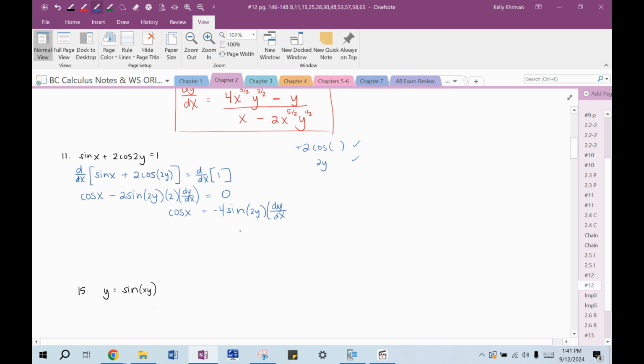And then I'm going to divide. Oops, and that should be plus. Sorry, not negative. Okay, because I added that over. So it's cosine of x divided by 4 sine of 2y. That equals dy dx.